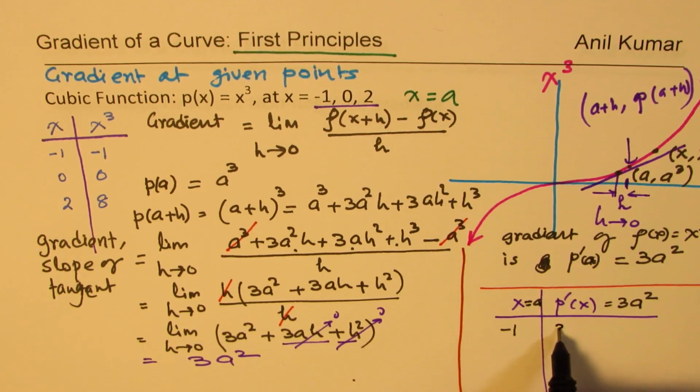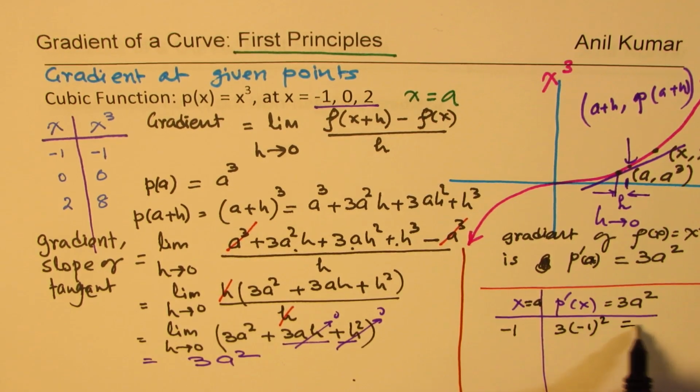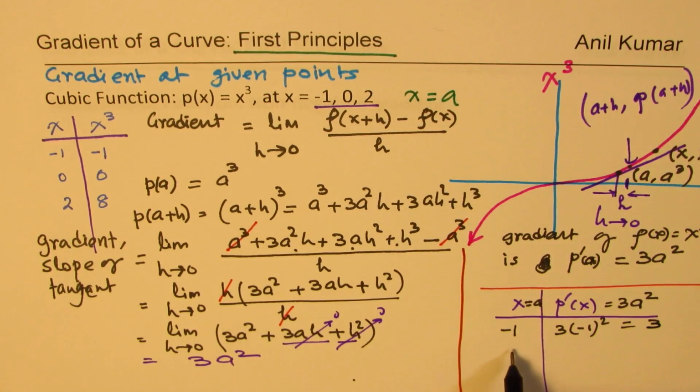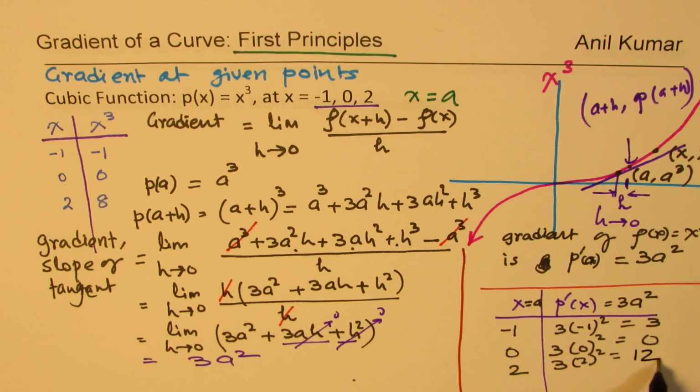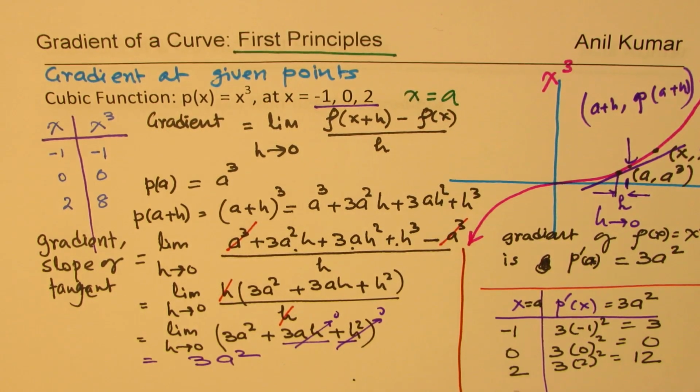Minus 1, if I substitute, I get 3 times minus 1 square, which is 3. When I substitute 0, I get 3 times 0 square, which is 0. And when I substitute 2, I get 3 times 2 square. 2 square is 4, 4 times 3 is 12. So we get a gradient of 12. Do you see that? So with that, we find the gradient at different points.